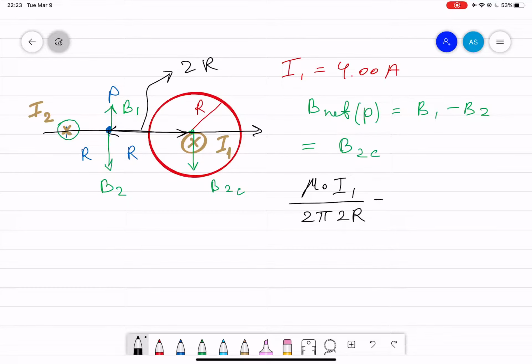Then negative B2 is pointing downwards, so I put a negative sign, and that one is coming from current 2. It will be mu naught I2 divided by 2 pi r, because that distance is just r.